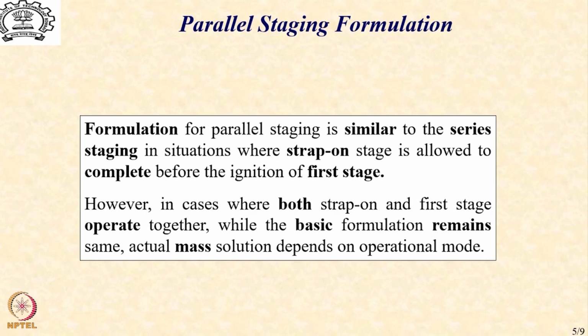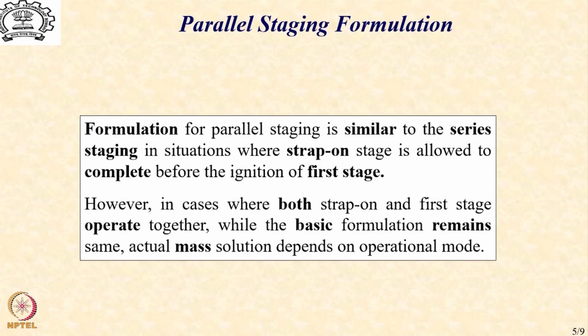In fact, we need to also look at this aspect even for the strap-on stage, because the strap-on stage is not really a single stage of rocket, but a combination of multiple rockets firing together.